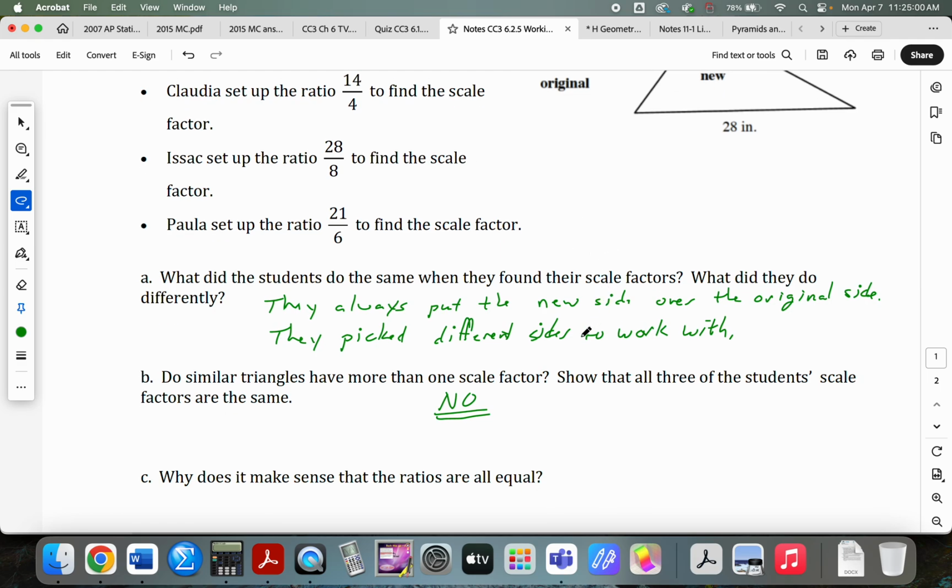Why you would be on the back, I have no idea. But we're on the front. 14:4, both of those are divisible by 2. That's 7:2. 28:8, both of those are divisible by 4, and that's 7:2. And 21:6, both of those are divisible by 3, and that's 7:2.